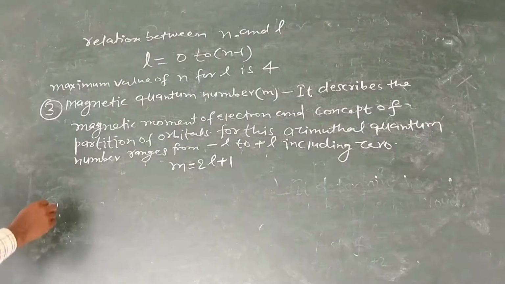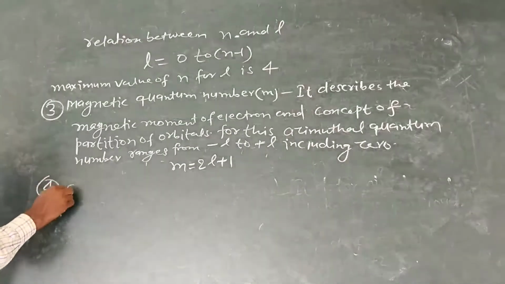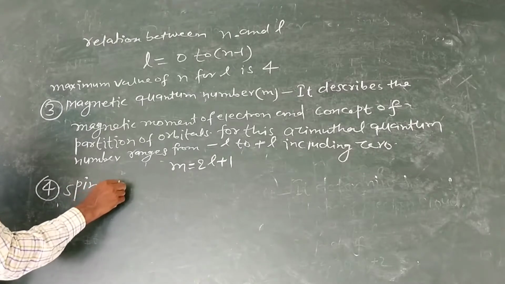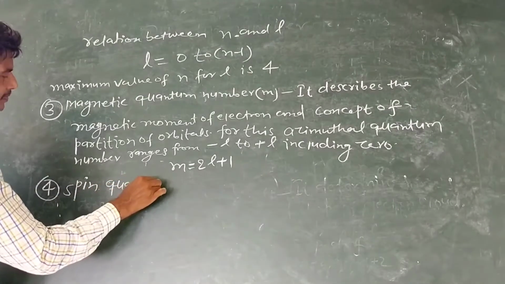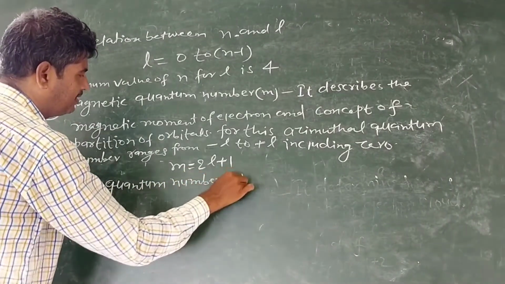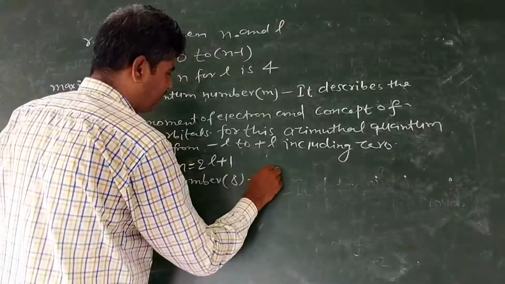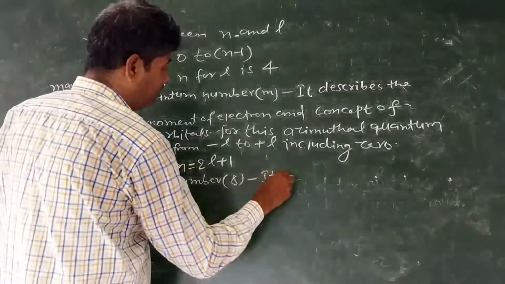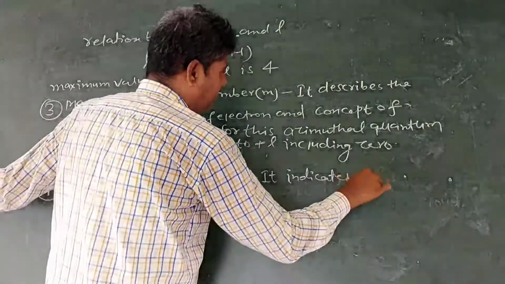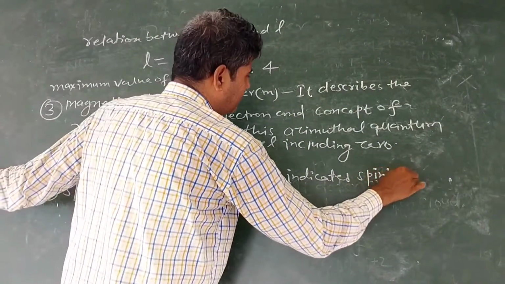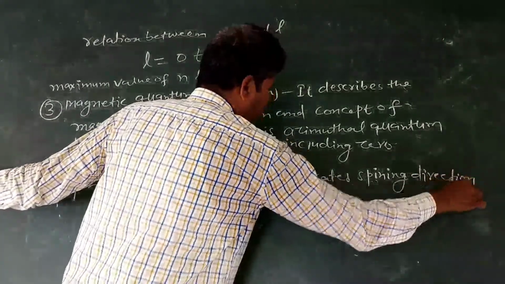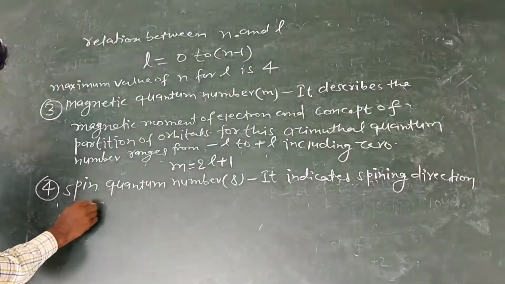Fourth, spin quantum number. It indicates the spinning direction of the electron.